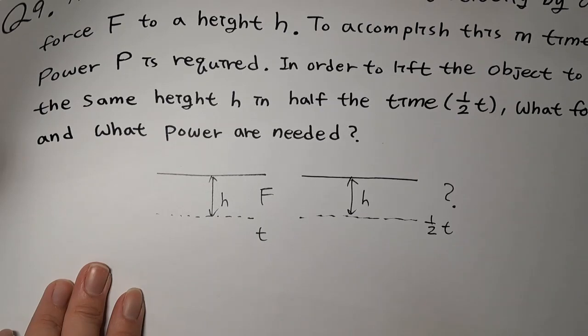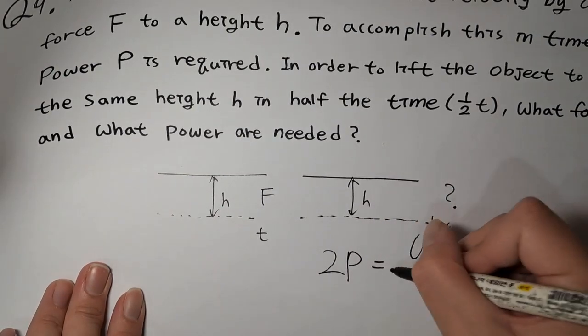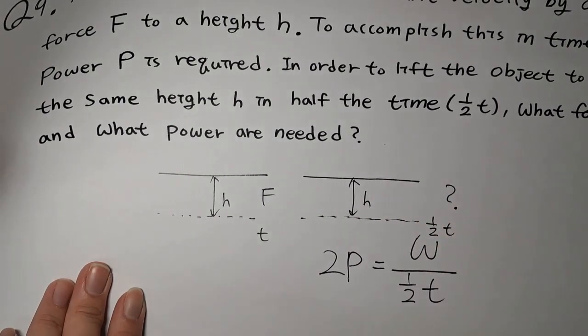Therefore, each time the needed force is the same regardless of the time during which the force acts. Moving the object the same vertical distance h requires the same amount of work against the force of gravity. However, in order to do this in half the amount of time, twice the power is needed.